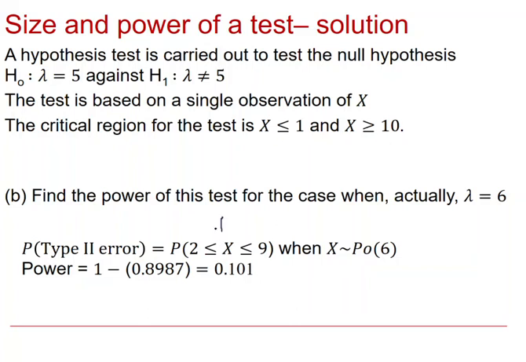So in order to accept H0, we need a value of x between 2 and 9 inclusive, but we need to evaluate that probability in the case when we're told that lambda has changed and lambda actually equals 6. And having evaluated that probability, the power is 1 minus the probability of making a type 2 error, or 0.101.